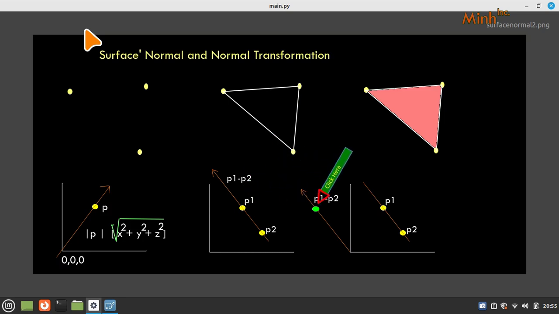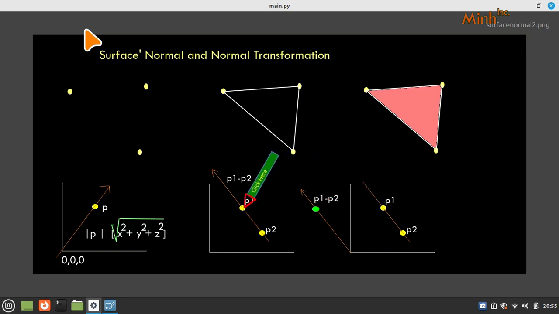P1 minus P2 would be some xyz. So if P1 is x1, y1, z1 and P2 is x2, y2, z2, this would lead to x1 minus x2, y1 minus y2, z1 minus z2. So there will be a net x, y, z. And if I draw a line from the origin, this is the vector.